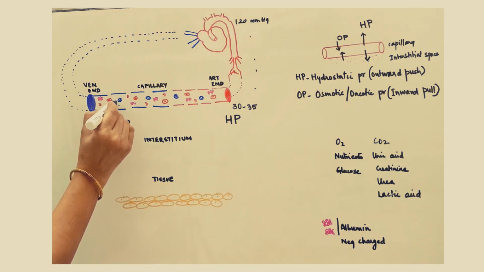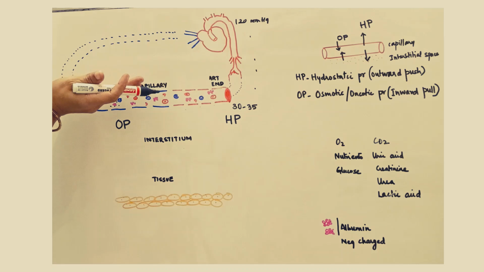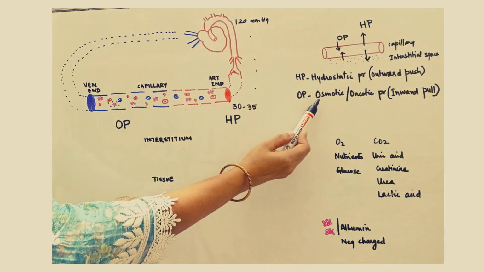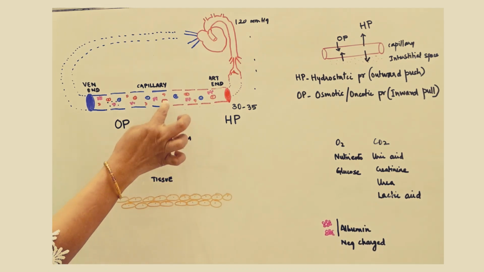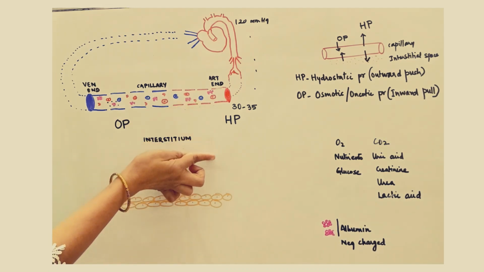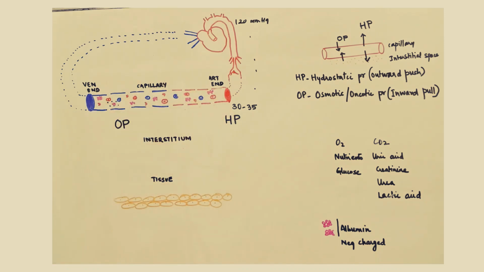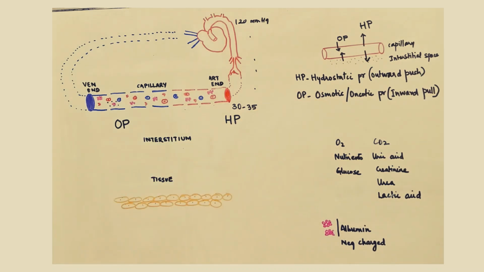The negatively charged particles pull the water back into the capillaries through osmosis. Osmosis is the movement of water across semi-permeable membranes from regions of higher water concentration to regions of higher concentration of solute particles. So the inward pulling force is called the osmotic or oncotic pressure.